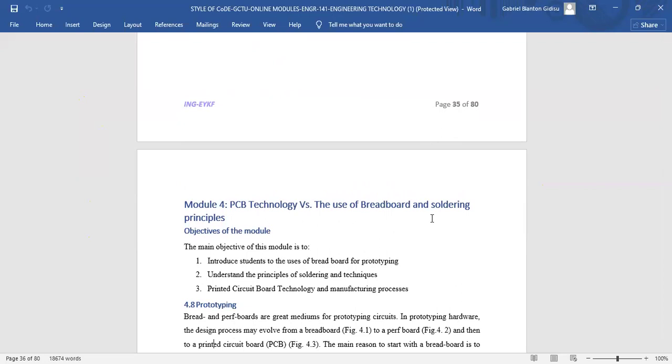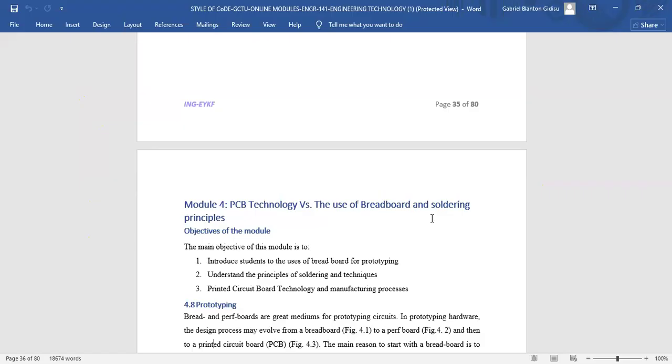PCB technology, breadboard, and soldering principles. All right, this is going to be fun. Okay, so let's start with the main objective of this module.